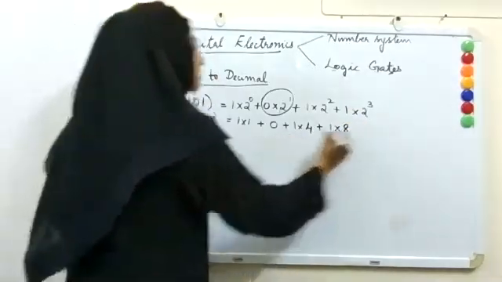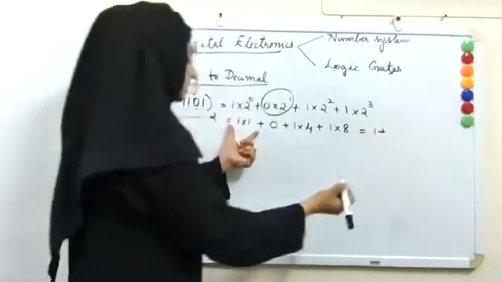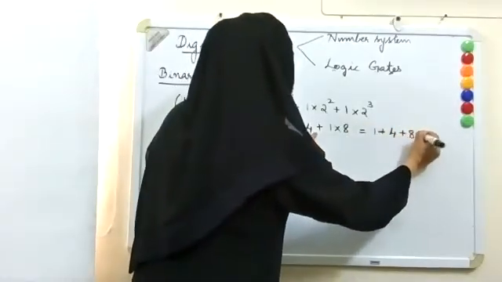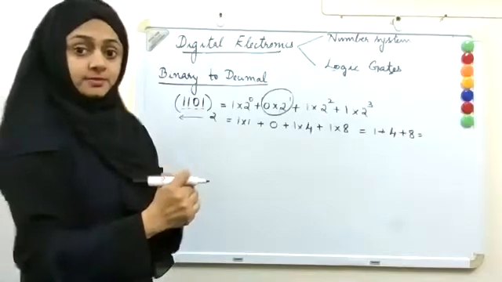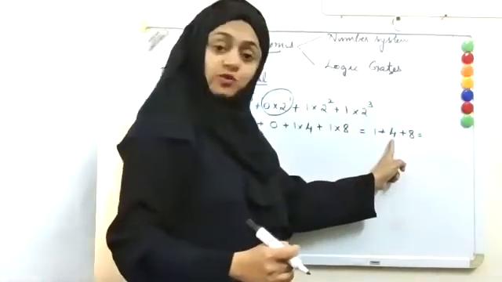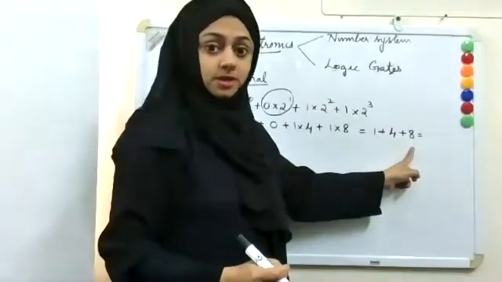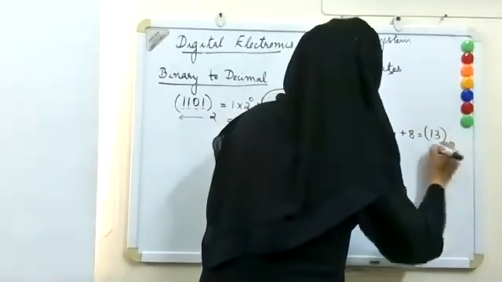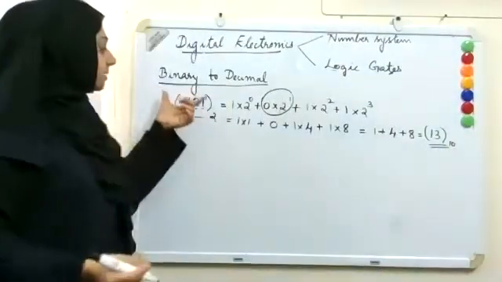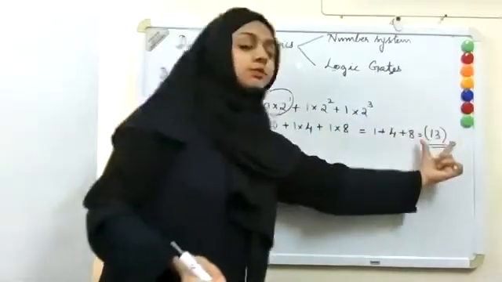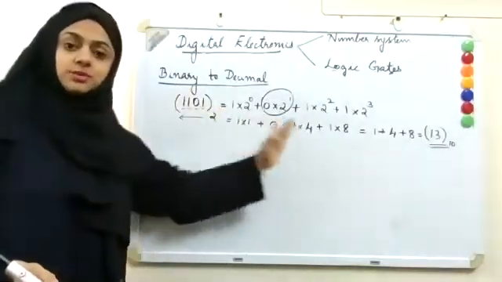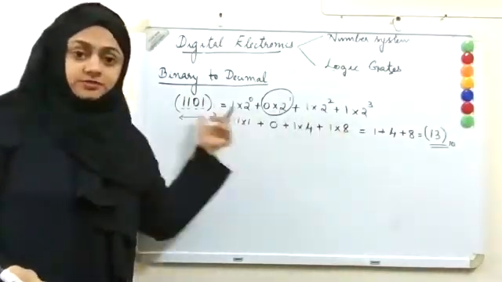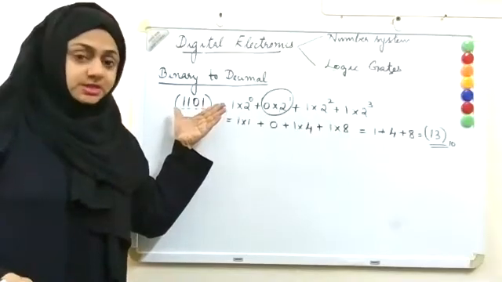So you got 1 plus 0 plus 4 plus 8. 1 plus 4 is 5, 5 plus 8 is 13. So this is 13 to the base 10. We have converted a binary number to a decimal number. Is that clear how to convert binary to decimal? Yes, if there were no decimal places.